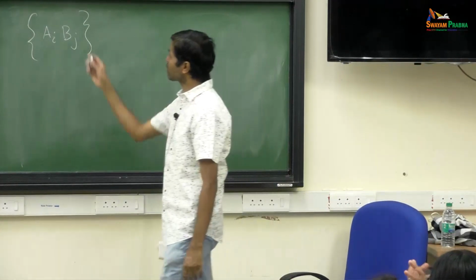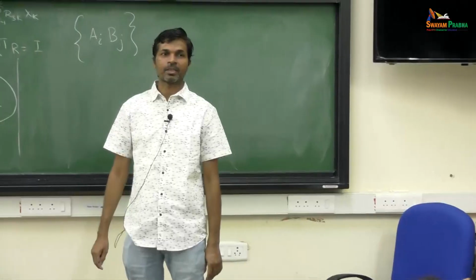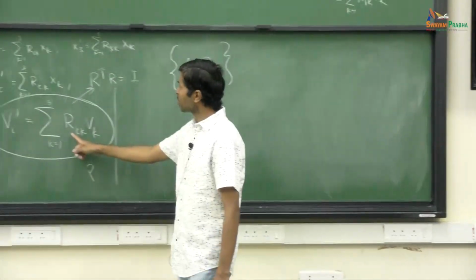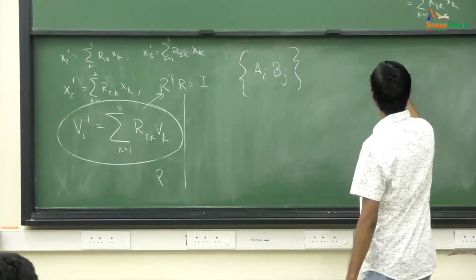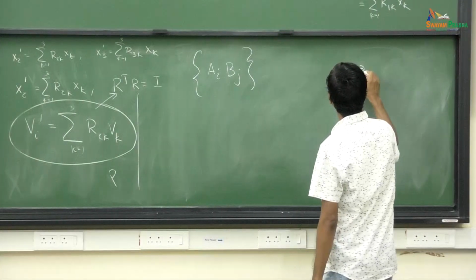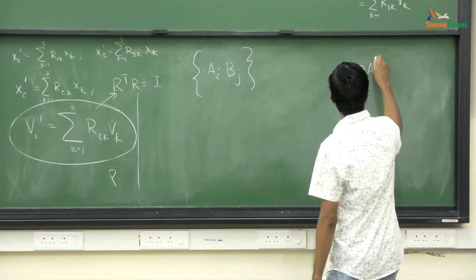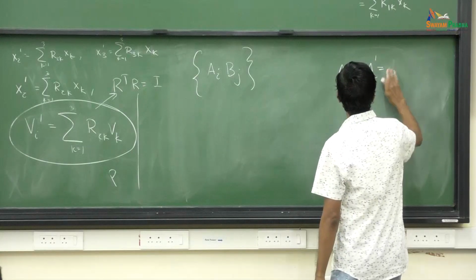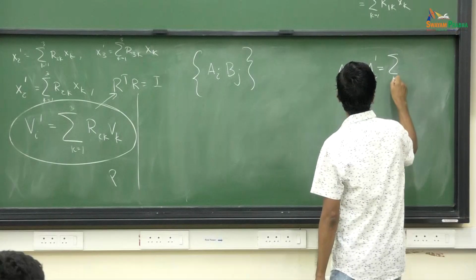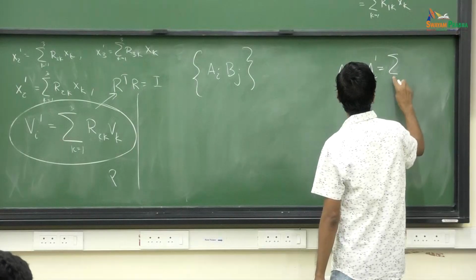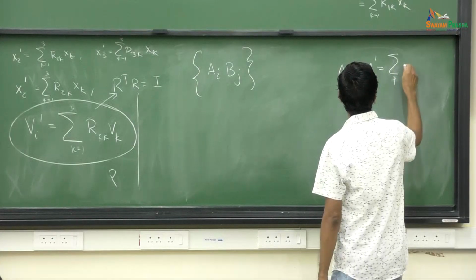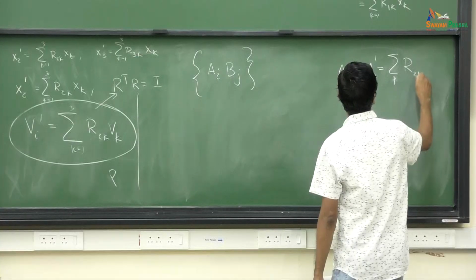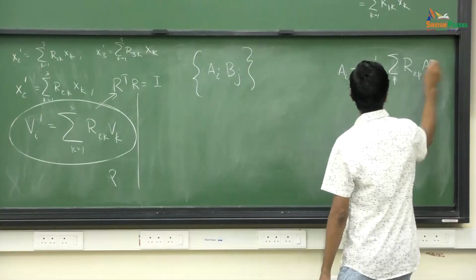So how do these quantities transform? They do not transform this way, because Ai goes to Ai prime, which is sum over P of Rip Ap. Okay.